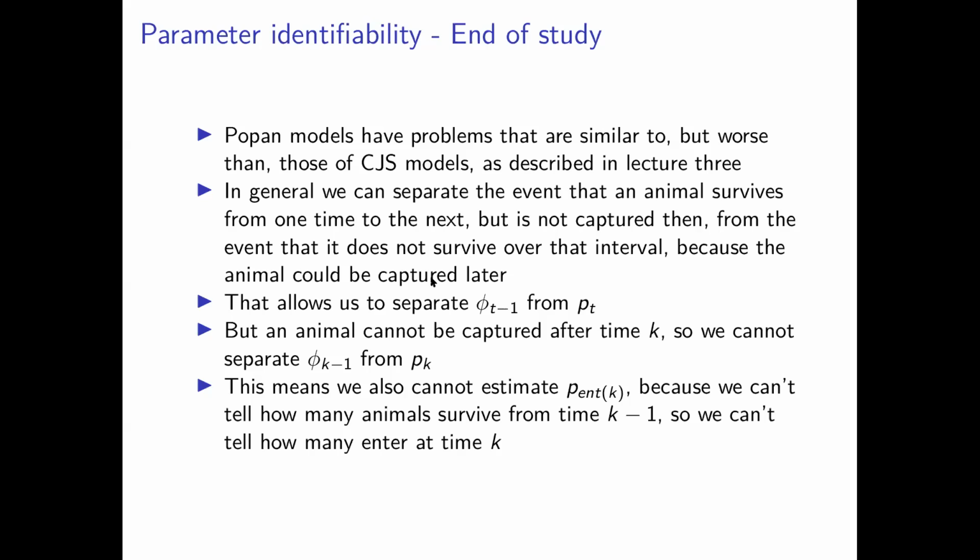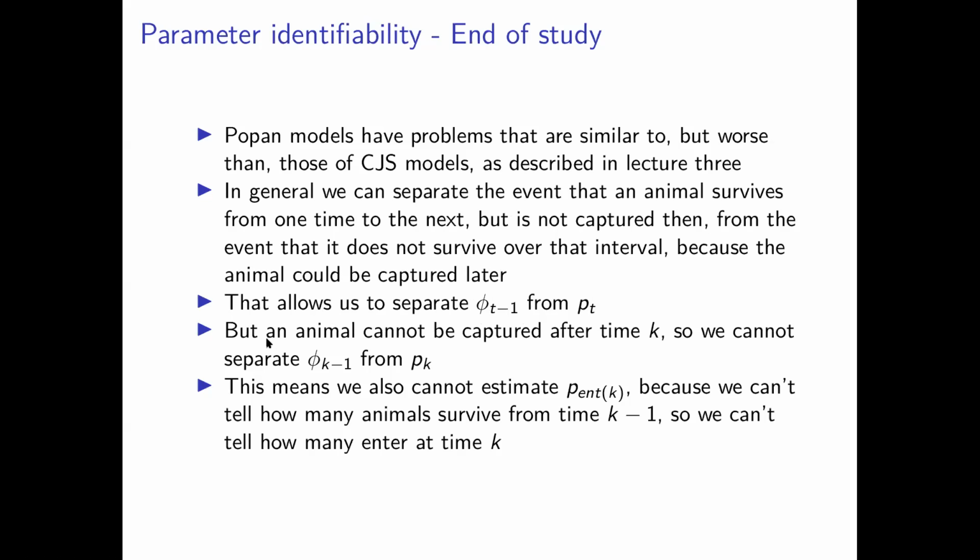Because the animal could be captured later. And so if it's captured later, you know that it actually survived but was not captured in between. And that allows us to separate phi sub t minus 1 from p sub t. So the probability of surviving from time t minus 1 until time t, and the probability of being captured at time t.